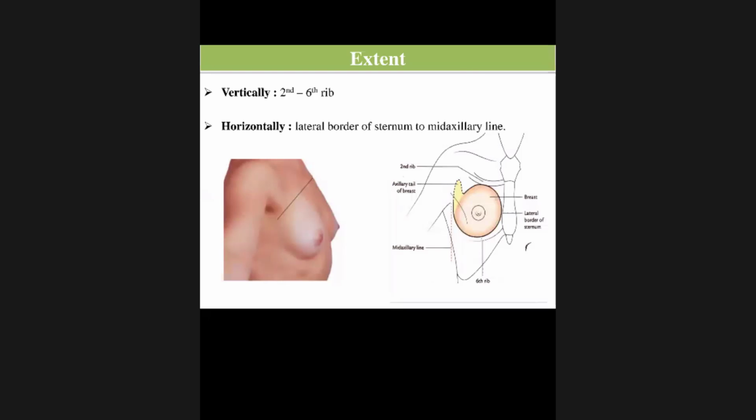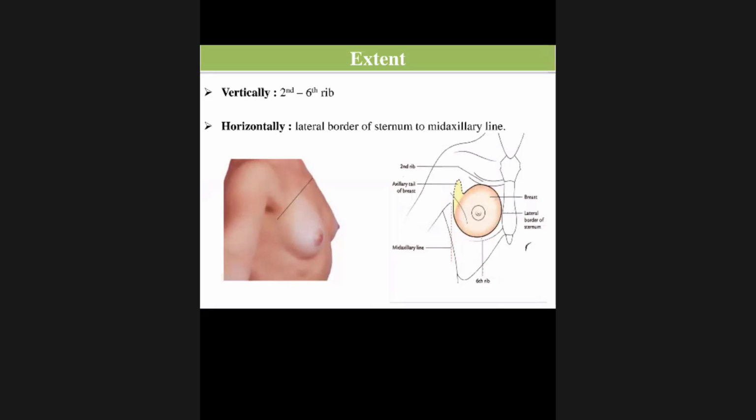And the extent of the mammary gland. So the mammary gland has a vertical extent as well as a horizontal extent. Vertically it extends from the 2nd to 6th rib. In this picture also we can see 2nd to 6th rib. That is the vertical extension of the mammary gland.